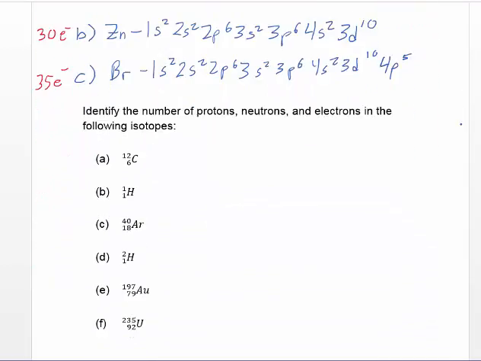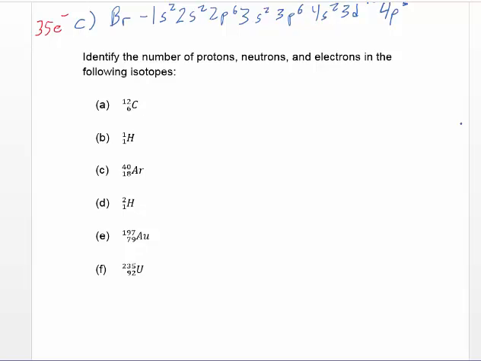Now, as we come to the last couple here, this one asks us to identify how many protons, neutrons, and electrons are in the following isotopes. So we want to count, and if we remember what the numbers tell us when we have something like this, and I'll write one over here, carbon-12 with atomic number 6, this tells us the atomic number, which is the number of protons.